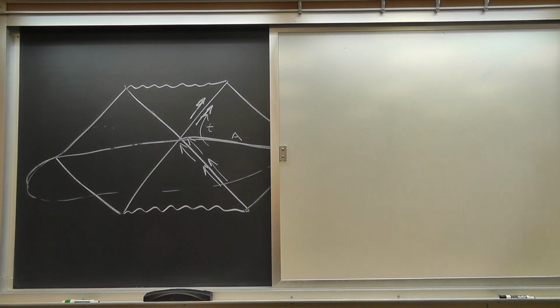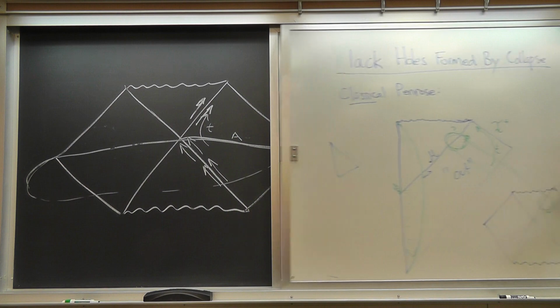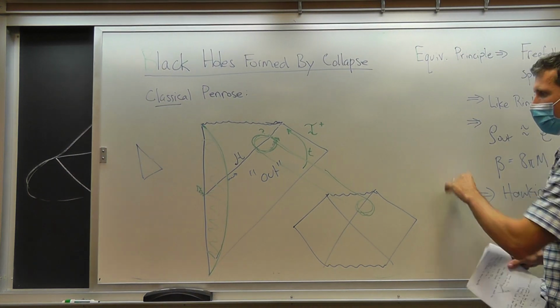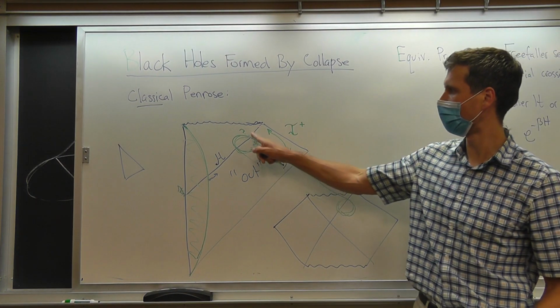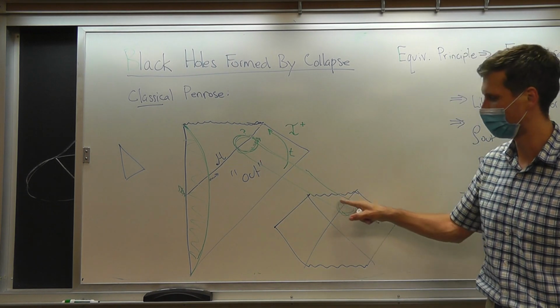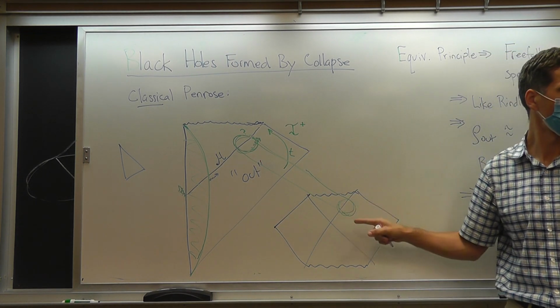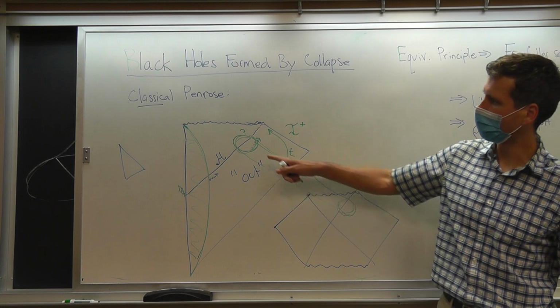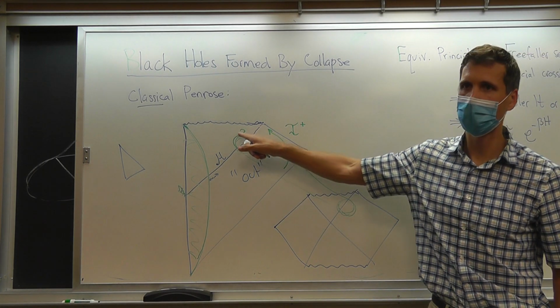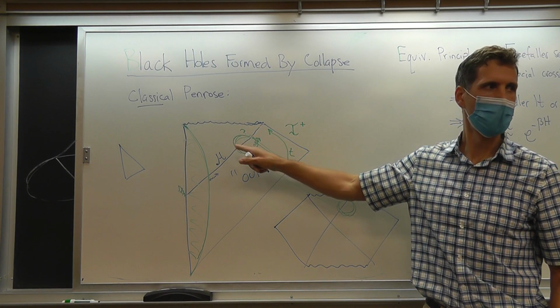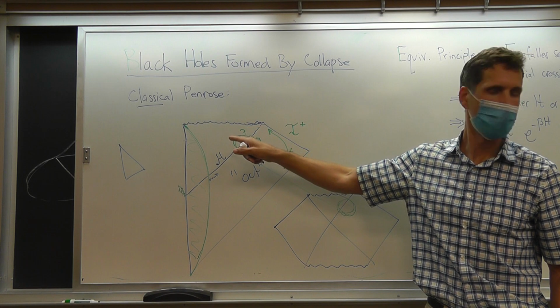Sorry? Could you repeat the argument? Well, the quantum state of the fields here is the same as the quantum state of the fields here, which we said is thermal. So what that tells us is that this region here is thermally populated. How do we know it's the same state?